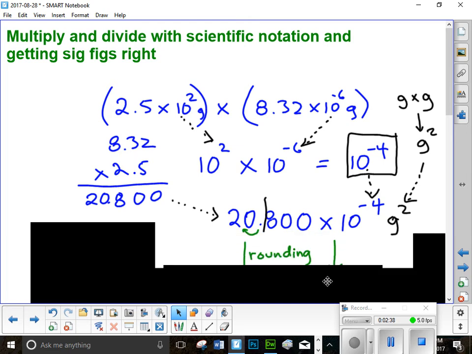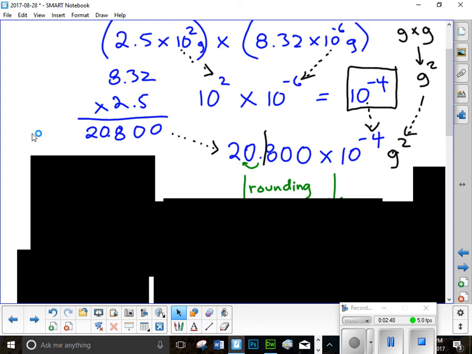As we come down and do our rounding, when we're multiplying or dividing, and by the way, this applies to division too, the answer is determined by the number with the smallest number of sig figs. So this is the smallest one. It's 2 sig figs.